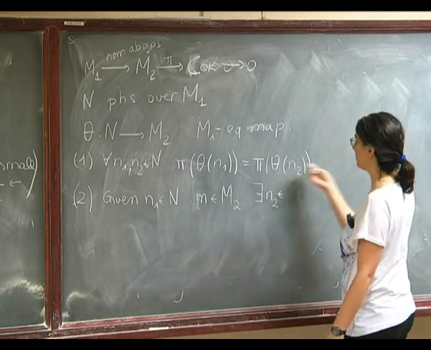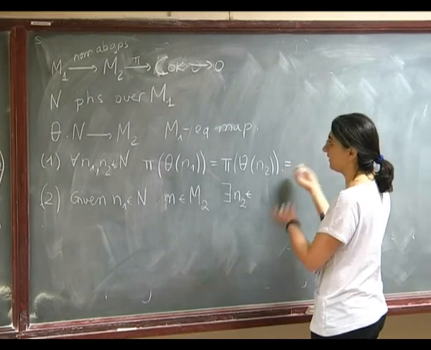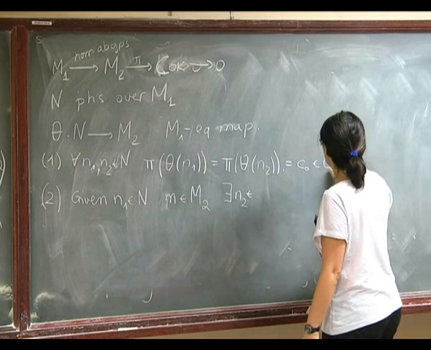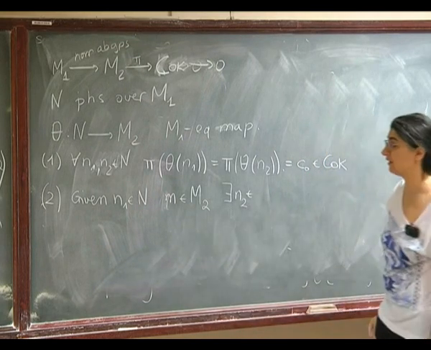So this is a well-defined element, which I'll call C0 in the cokernel.